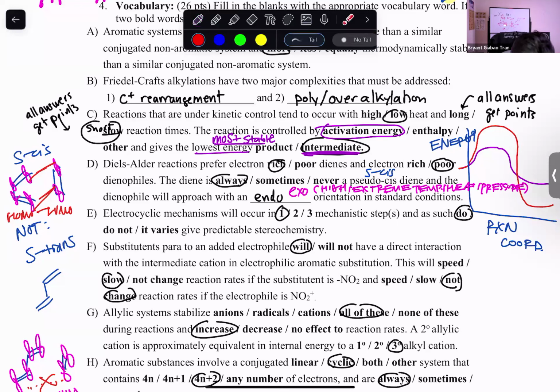Another table that I would add is the aromatic, anti-aromatic versus non-aromatic one. This one. That's another table I would add in the note card to identify if a molecule is aromatic, anti-aromatic, or non-aromatic.